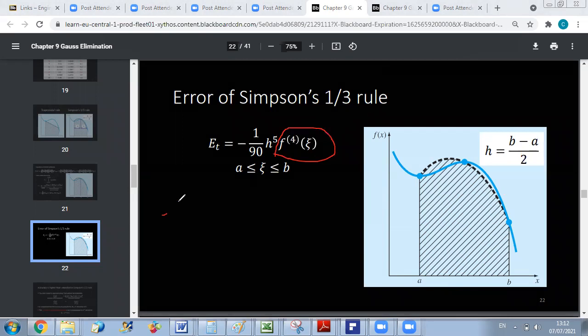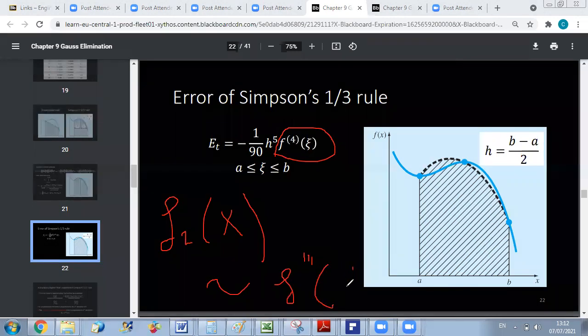In general, if we are using a second order interpolating function, we expect the error to be proportional to f-third, because if f-third is 0, then we expect a 0 error. But here, no, it was shown mathematically that it's proportional to the fourth order derivative, so it's even more accurate. It gives us one order more of accuracy. This is why we say that Simpson's method is very efficient.